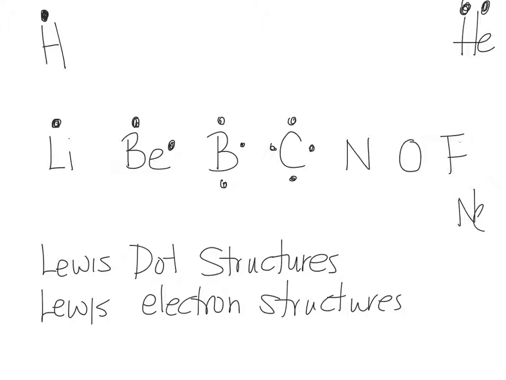Now nitrogen has 5, so what happens is now we're going to start doubling them up. And you go clockwise by convention, meaning this is the way everybody does it.